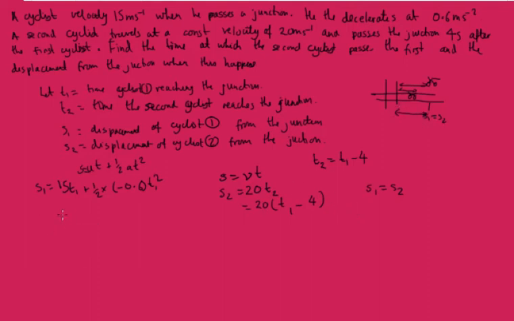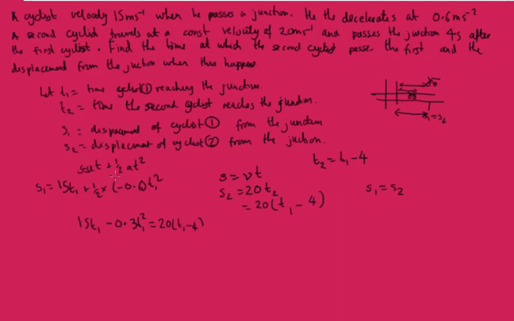So by equating the two together, we will have 15 T1 minus 0.3 T1 squared equal to 20 (T1 minus 4).